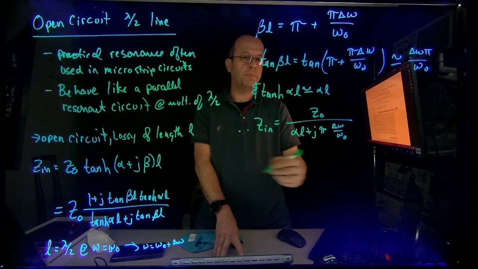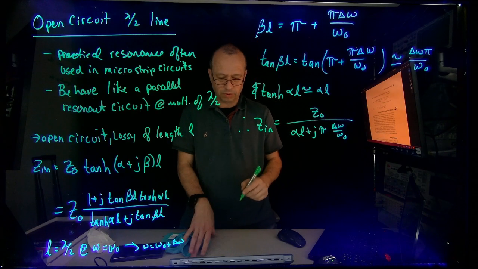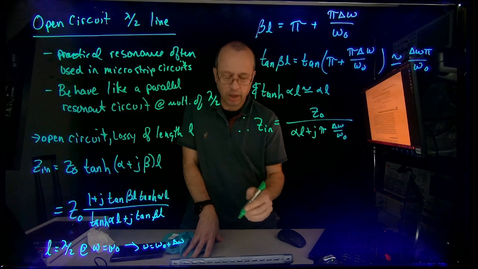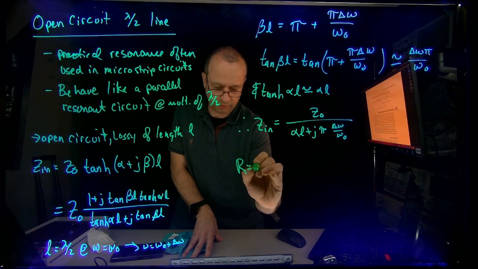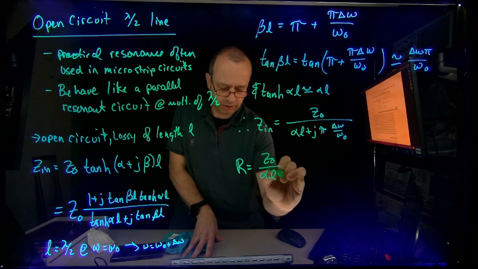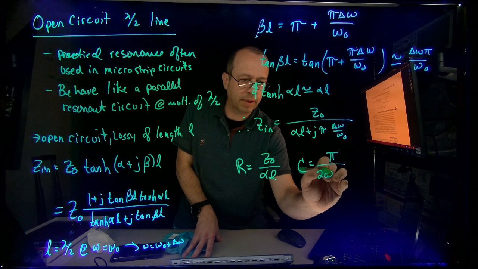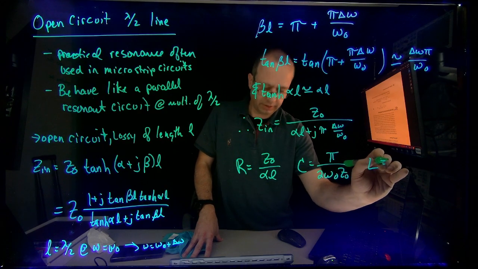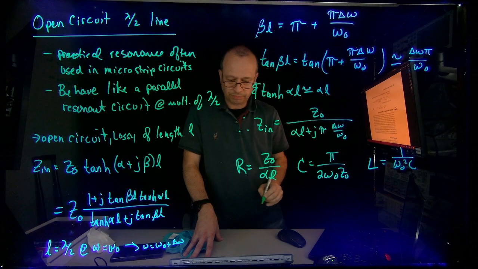And then when comparing this to a parallel circuit, so we're looking at the equations for our input impedance for a parallel circuit, we can pull out R, L and C values. So R is therefore equal to Z naught over alpha L. Our C value is pi over 2 omega naught Z naught. And then our inductance, therefore, is 1 over omega naught squared times C.